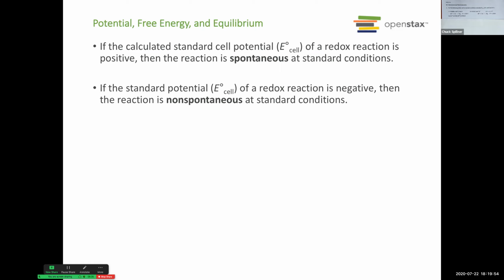And that happens until the reaction runs down when you run out of reactants. And as the cell reaches equilibrium, then it stops. So when you run out of reactants producing products, at some point you're going to reach an equilibrium state, and the cell potential is 0.